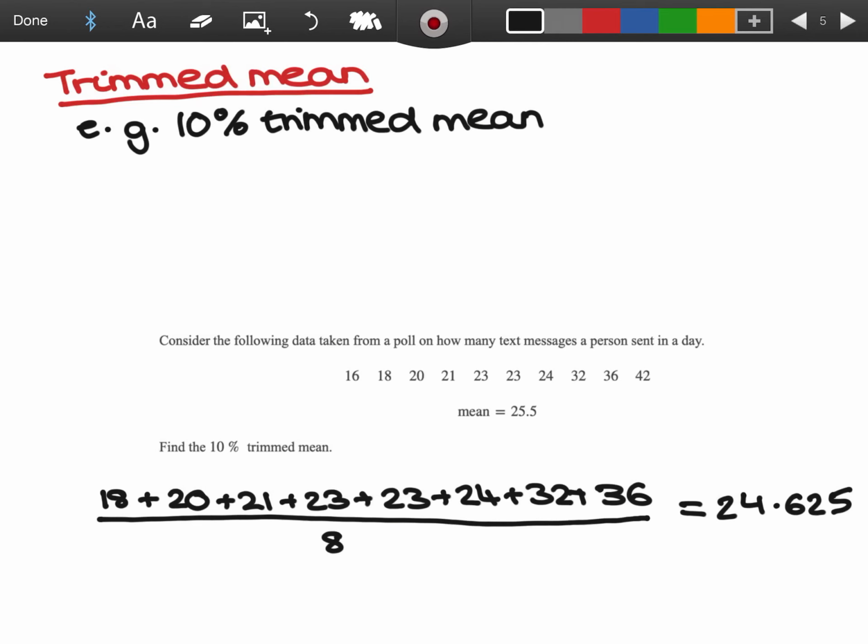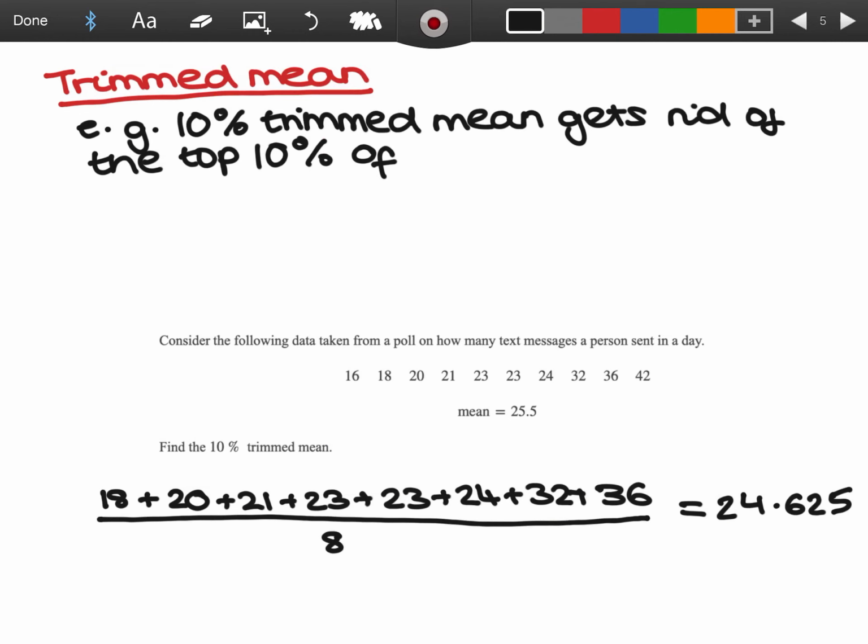So I would get rid of my top 10 data points and my bottom 10 data points. So a 10% trimmed mean gets rid of the top 10% of data and the bottom 10% of data.